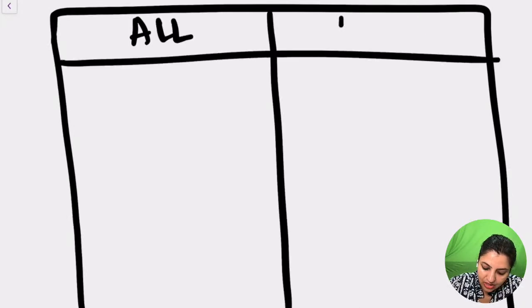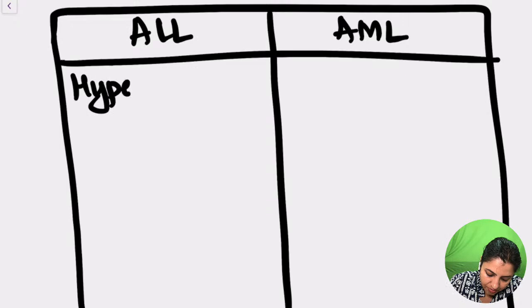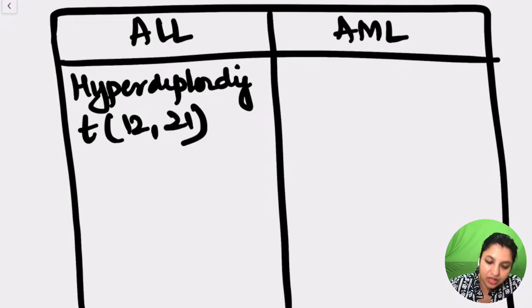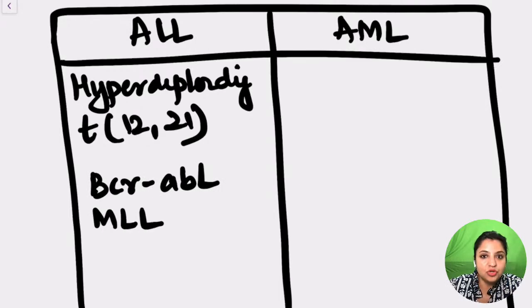If it is ALL and AML, what are the mutations that can cause it? Remember hyperdiploidy, translocation 12;21, BCR-ABL mutation, and MLL mutations.